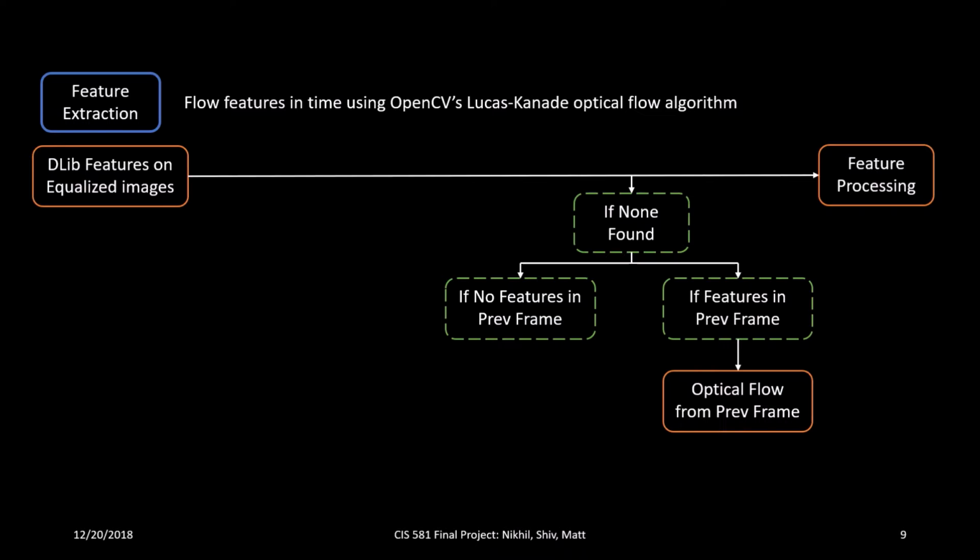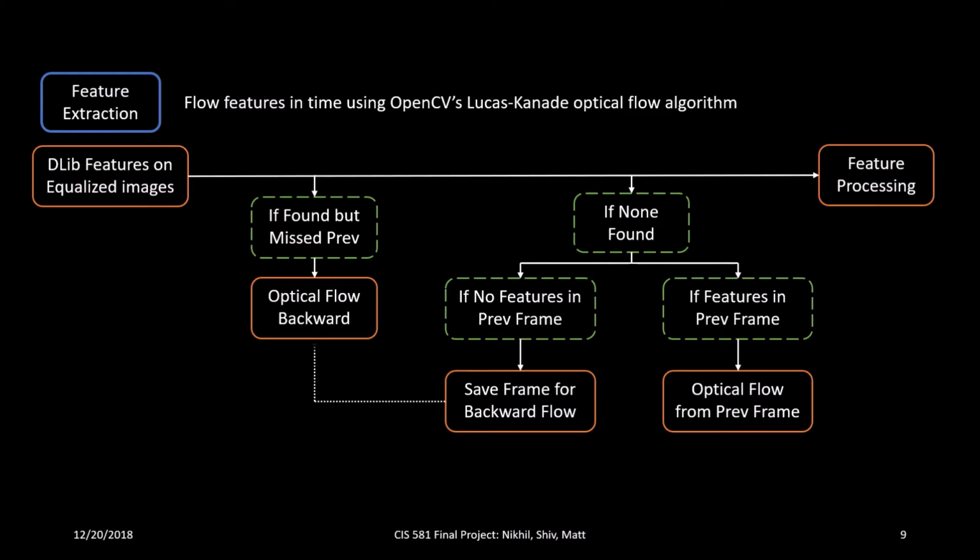However, if we don't have features in the previous frame, then we're going to save this frame and whatever features we have, either for the source or the target, because the next time around the loop, once we find features, we can use backwards optical flow. So you can pass those frames that we saved and those features that we saved into a function that's going to try to get some of those frames back.